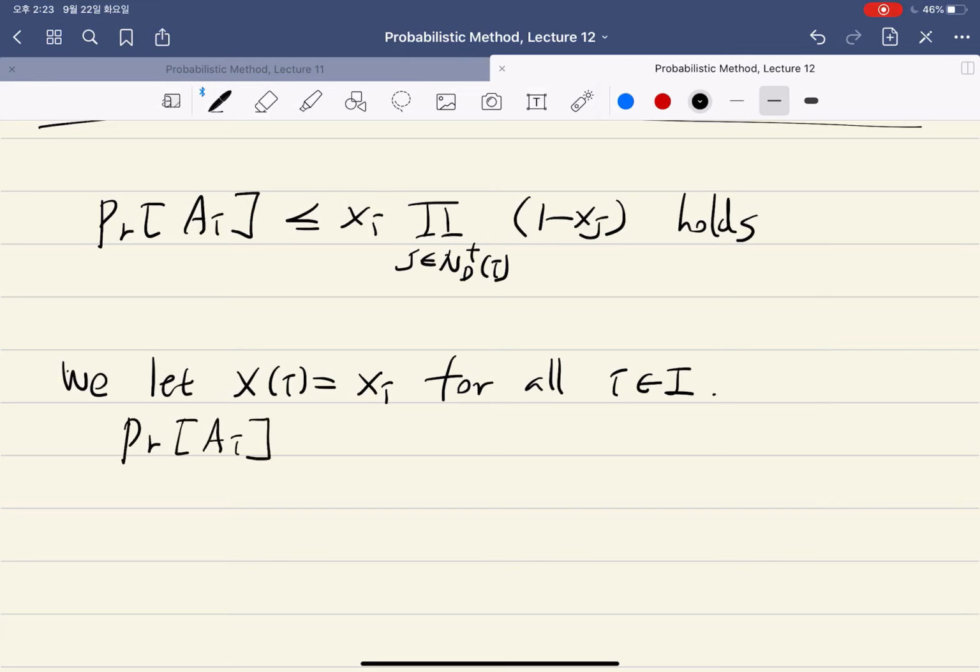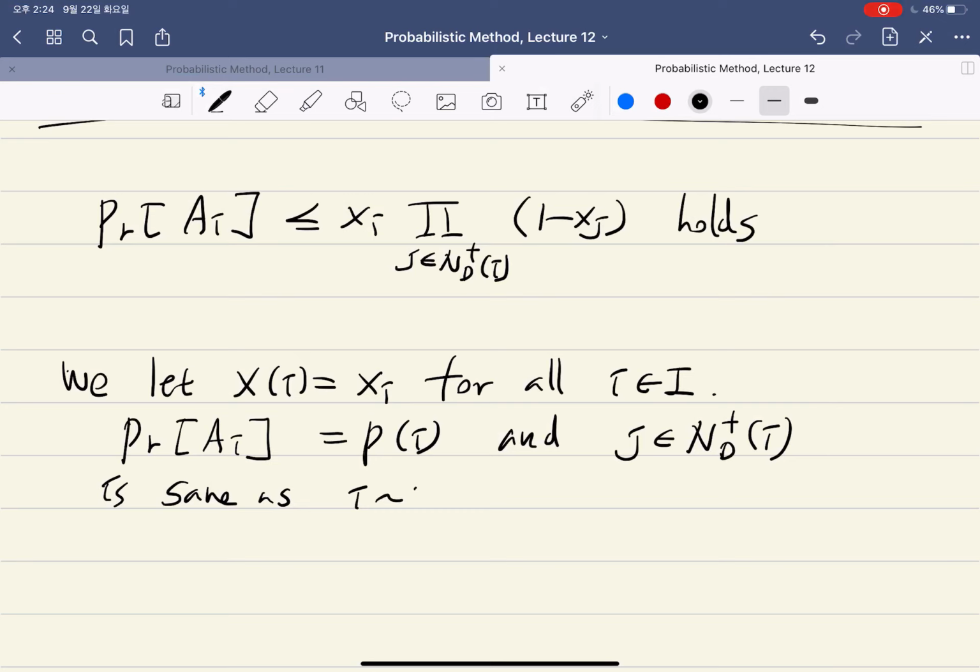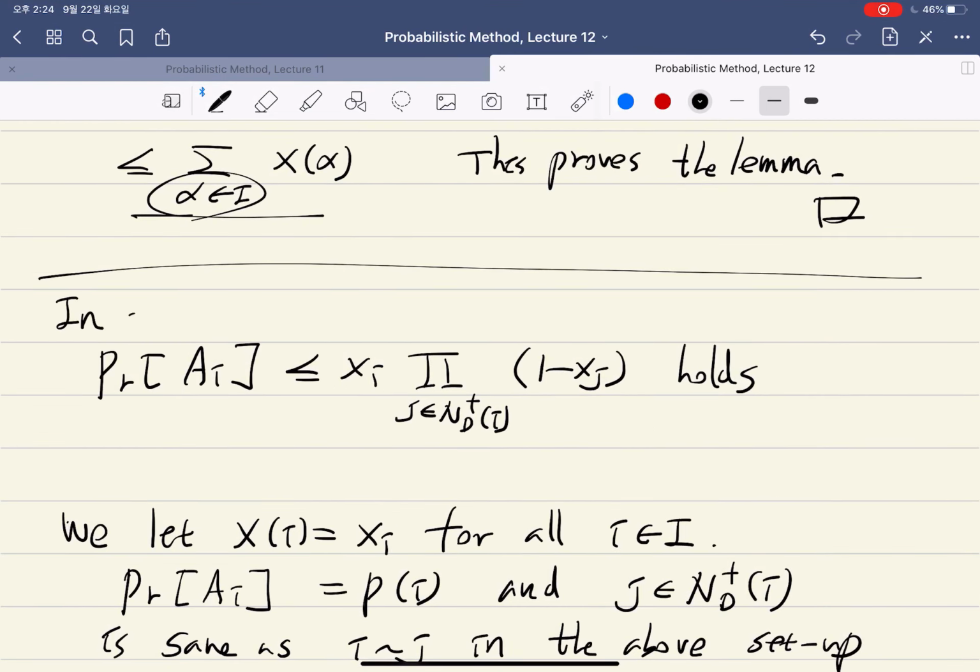The probability of the ith event happening is the same as pi, and j in the out neighborhood of the dependency digraph is the same as I and j being related in the above setup. So these are the settings in an application of the local lemma.